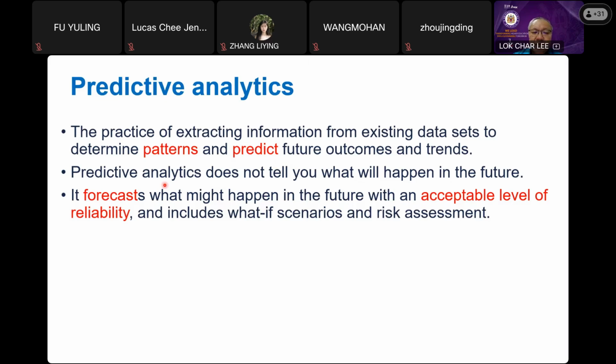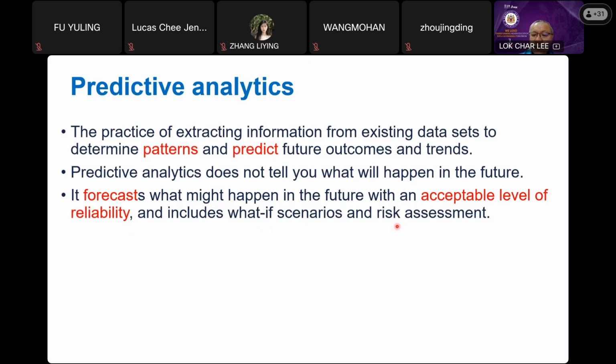So predictive analytics does not tell you what will happen in the future, but it will say what is likely to happen. We cannot tell exactly what will happen, but we can say what is likely to happen. So it forecasts what might happen in the future with an acceptable level of reliability and includes what-if scenarios and risk assessment.